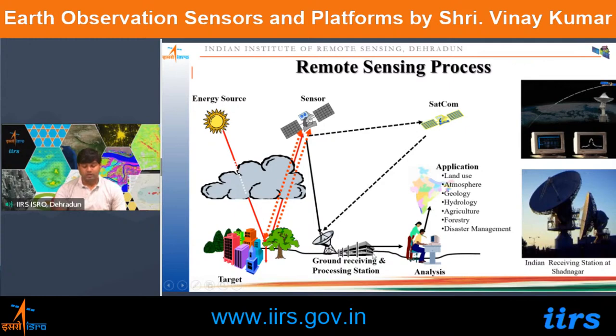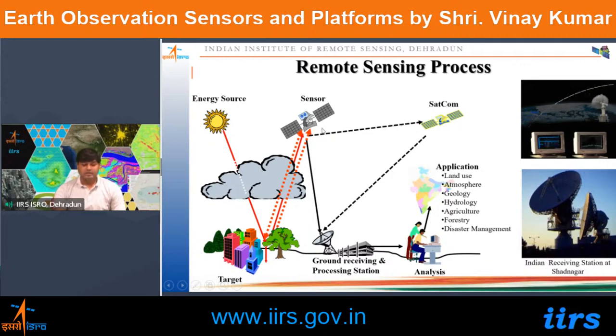After getting the data and fixing the errors, the users get the data. We analyze it and use it for various applications, like generating land use maps, atmospheric applications, geological applications, agriculture, forestry, or disaster management. For those purposes, we are using it.